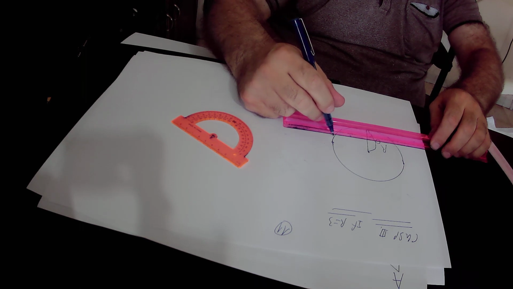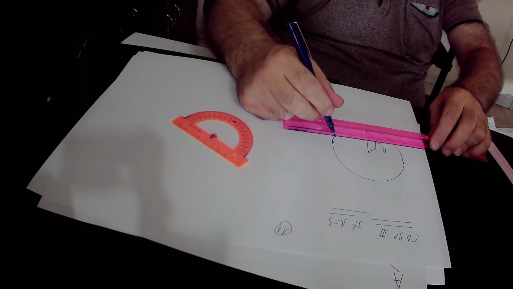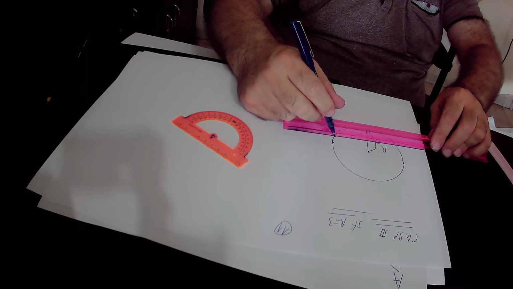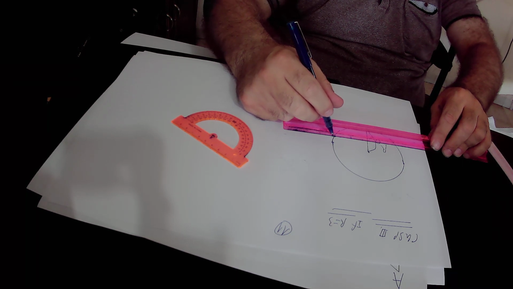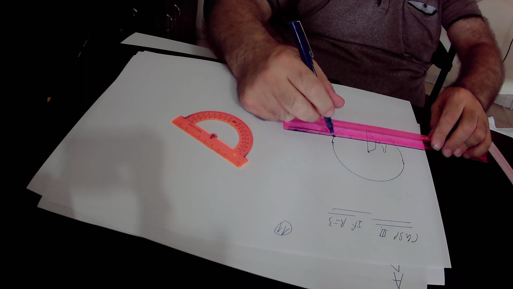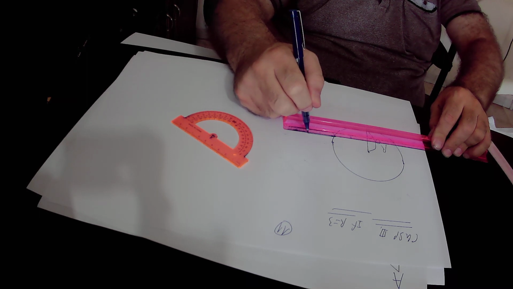So here, the side length of the square will be shorter than the radius. Okay, so I draw it accordingly.